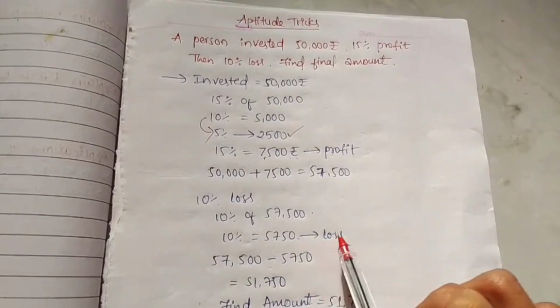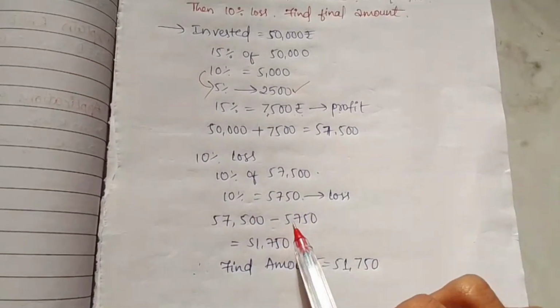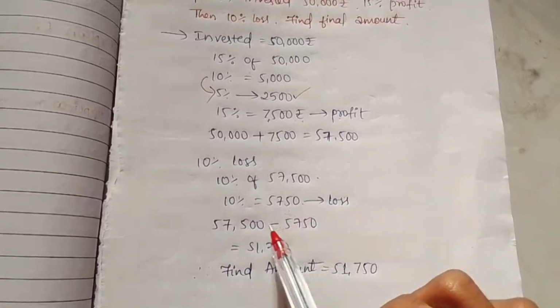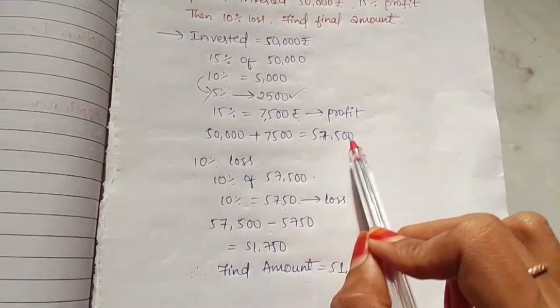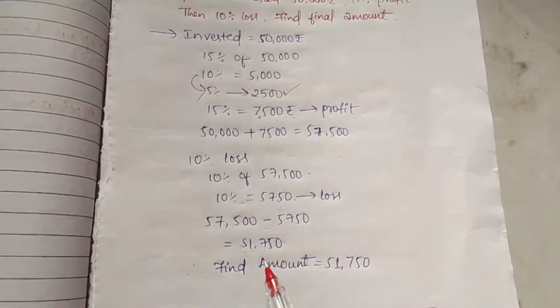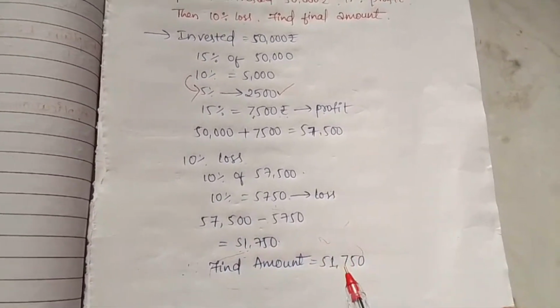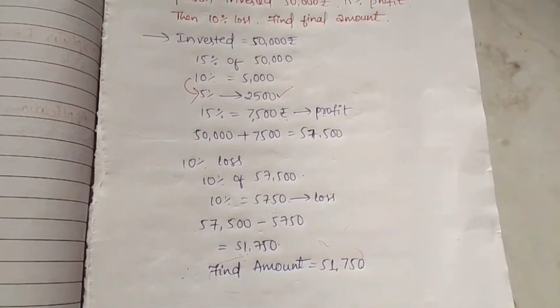This is the loss. Here you have to decrease the 5,750 from 57,500. You will get 51,750. This is the final amount that person has. Very simple, right?